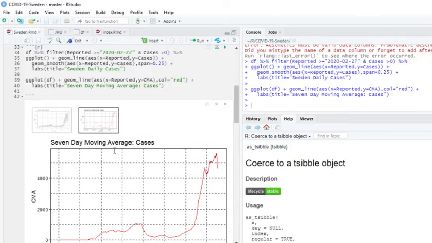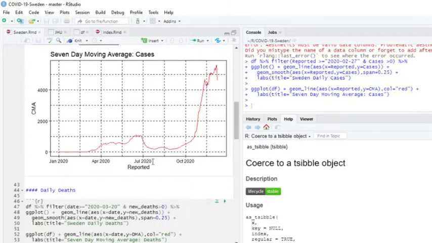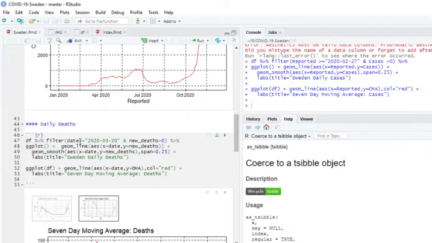Okay, this is a 7-day moving average of cases. It's showing a slight decrease here. All that could just be a daily fluctuation. Let's try this.